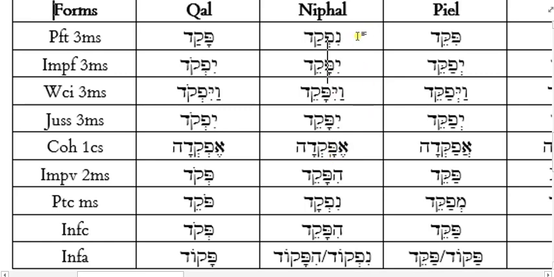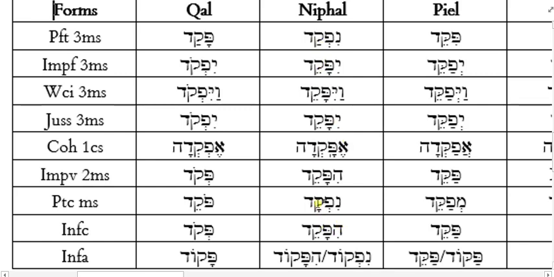But in the Niphal perfect, you actually see the Niphal nun, and in the Niphal participle, you see the Niphal nun. There's one difference between these two. They look almost the same except for the theme vowel, right? You see I have a patah under root 2 for the perfect. For the participle, I have a qamets.